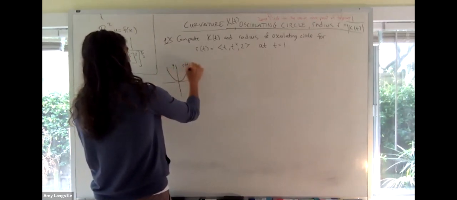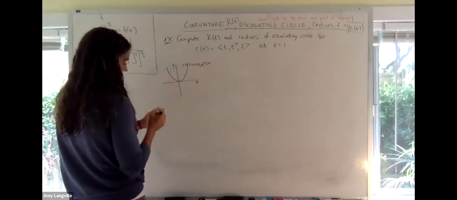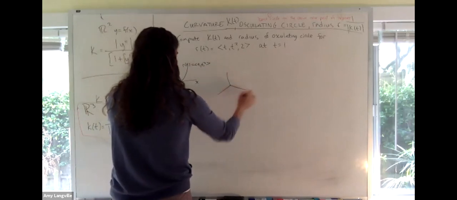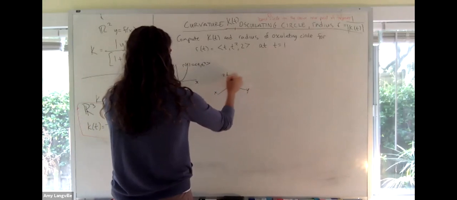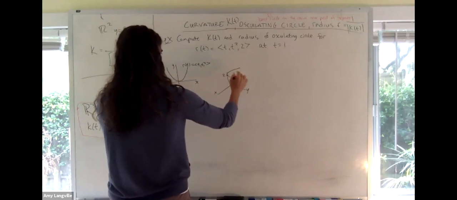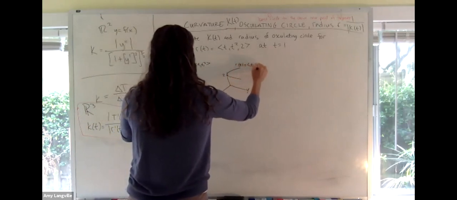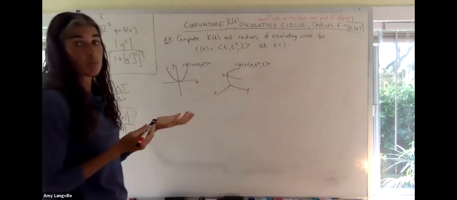r of t equals t, t squared, is just this parabola hugging the y-axis. But when we go to 3 dimensions, it's shifted up 2 units. And it's in the z equals 2 plane. And this is now a space curve because it has 3 components, but it lives always in the z equals 2 plane.